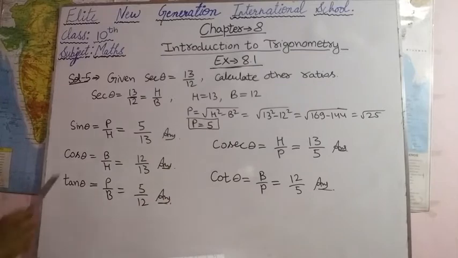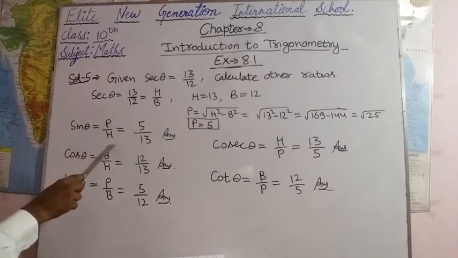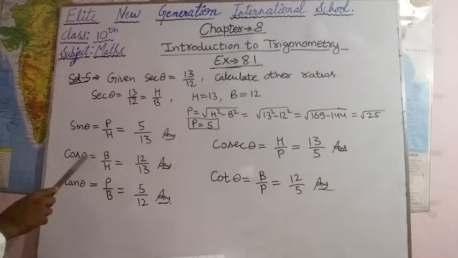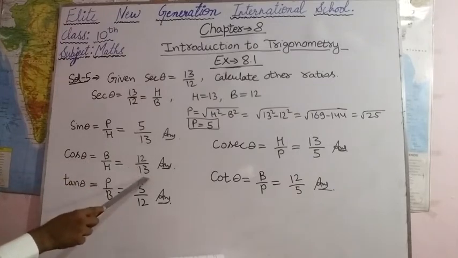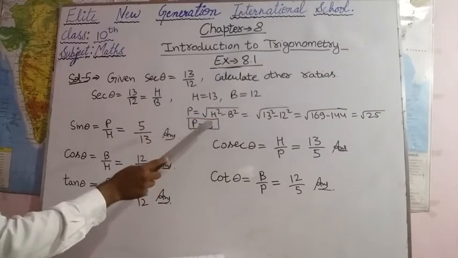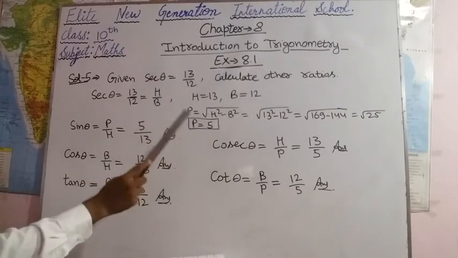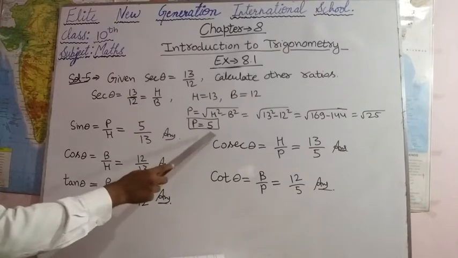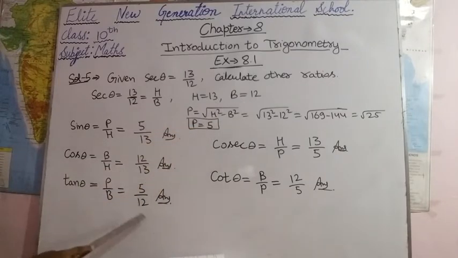Now finding the value of sin theta, it will be perpendicular upon hypotenuse. So 5 upon 13. Now cos theta, base upon hypotenuse, will be 12 upon 13. Now tan theta will be perpendicular upon base. So perpendicular is 5 and base is 12, so 5 upon 12.